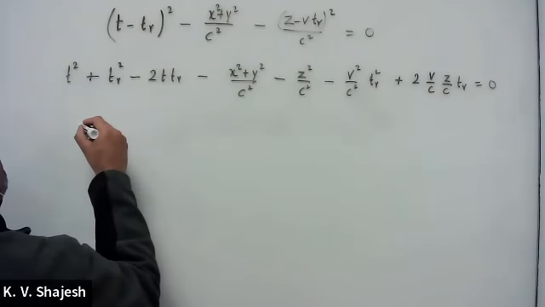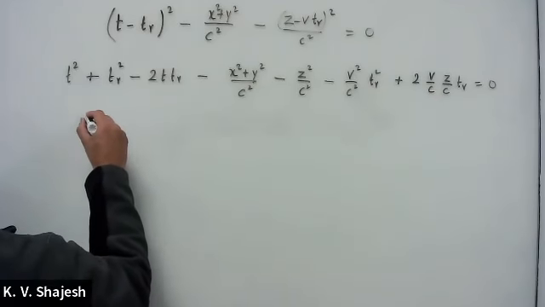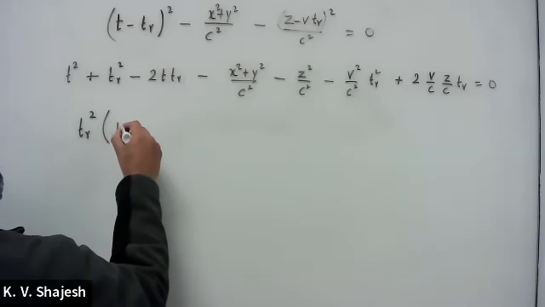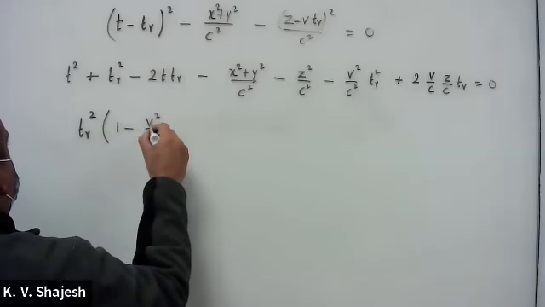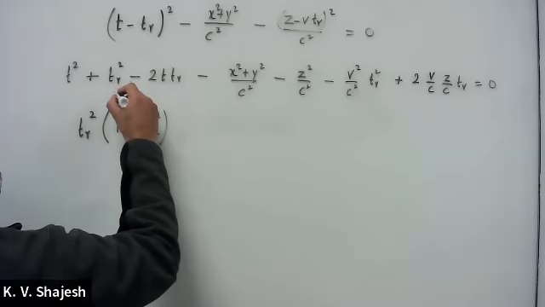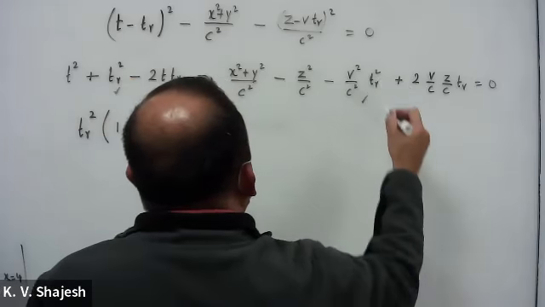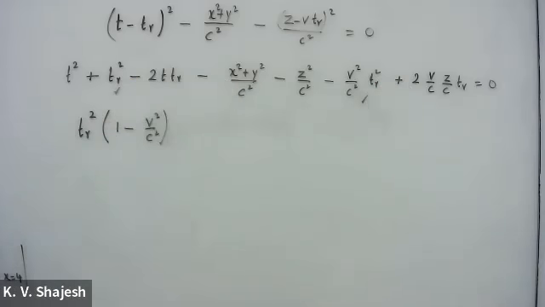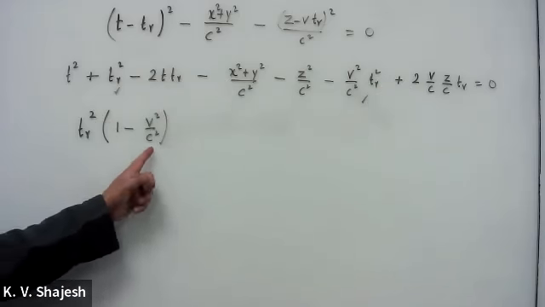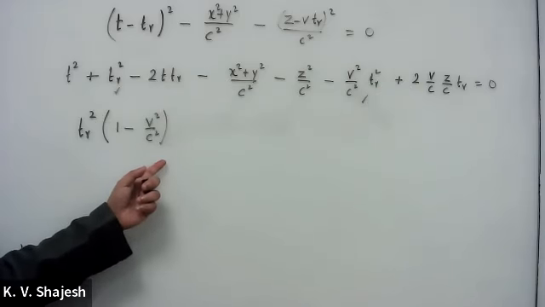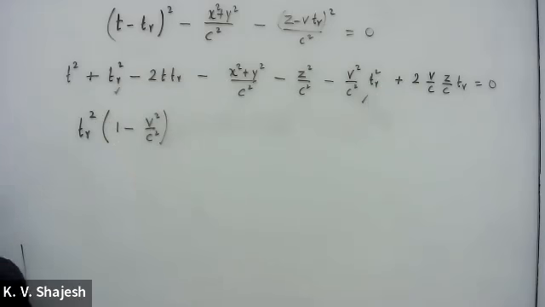Let's collect things together. So that's t_r squared times (1 minus v squared over c squared). So those are the 2 terms contributing to t_r squared. Notice the structure coming up, 1 minus v squared over c squared. And remember, Maxwell's equations are relativistic by construction.